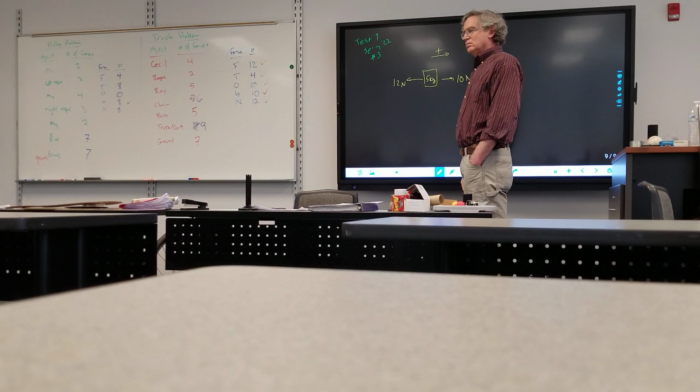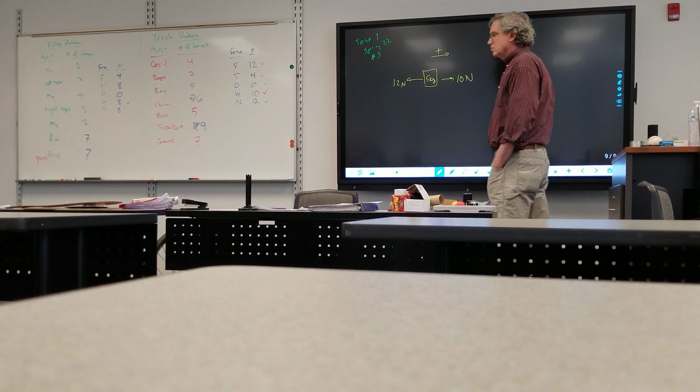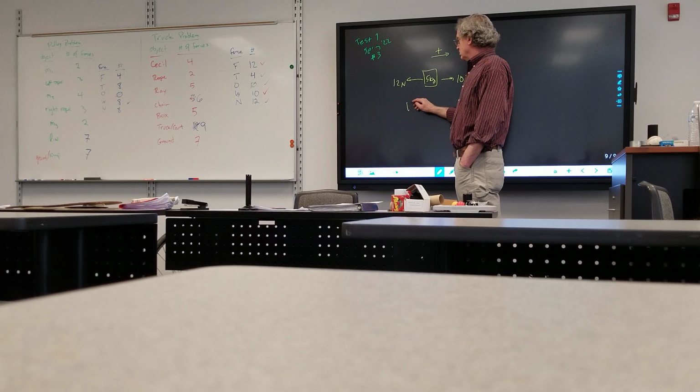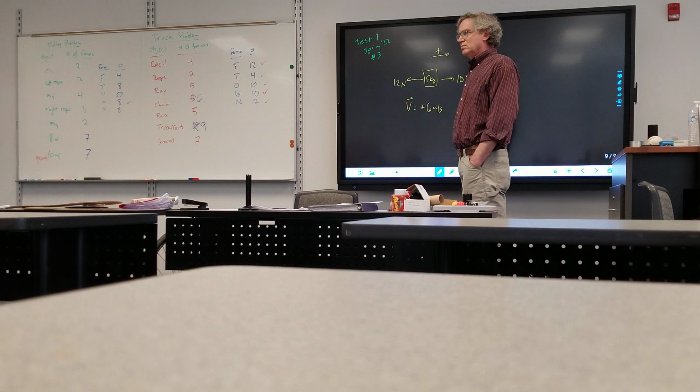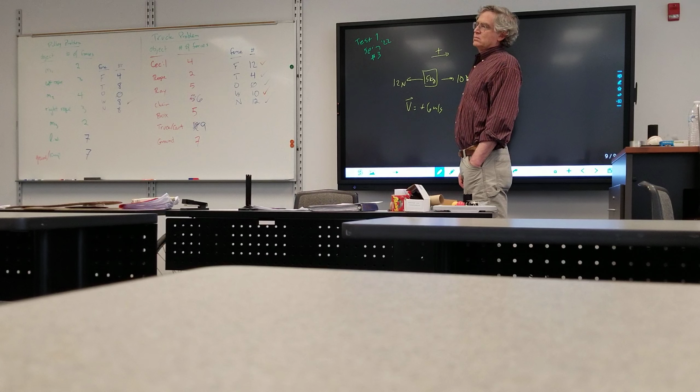Question 3 says, if the velocity at this moment is positive 6 meters per second, is the box in the process of A, speeding up, B, slowing down, or C, maintaining equilibrium?